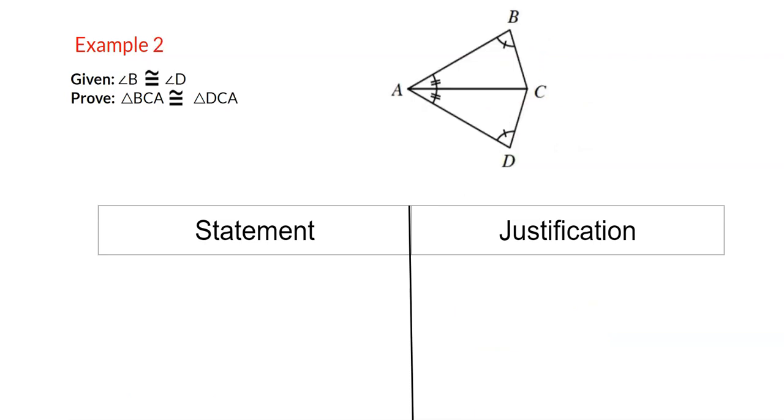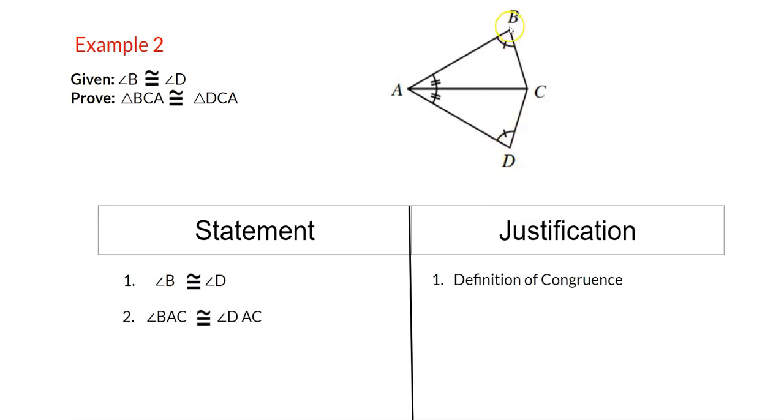Okay, example 2. We're given that angle B is congruent to angle D, as we can see here. And we have to prove that the triangle BCA is congruent to DCA. Information that I know is that angle B is congruent to angle D because of the definition of congruence.